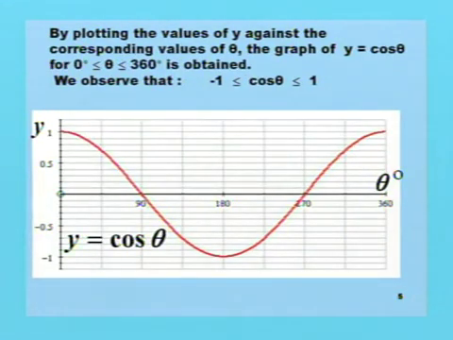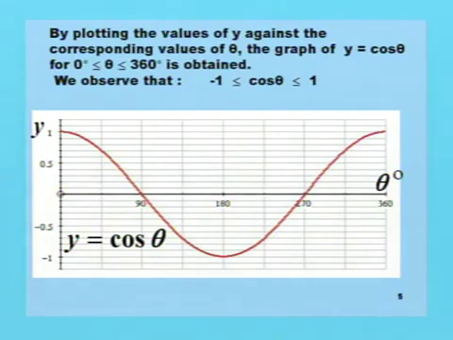By plotting the values of y against the corresponding values of theta, the graph of y is equal to cos theta for theta between 0 degrees and 360 degrees is obtained. Look here, the red line in this case is the graph of the equation y is equal to cosine theta.